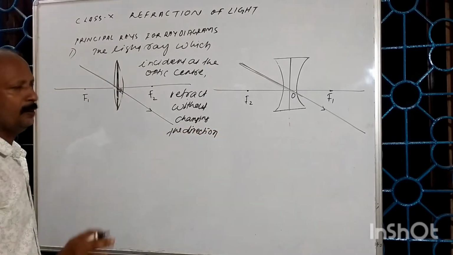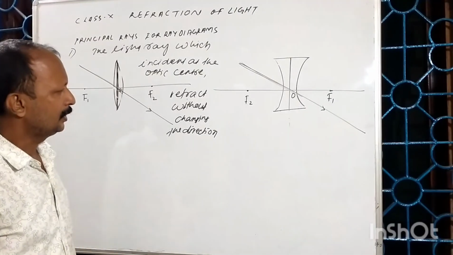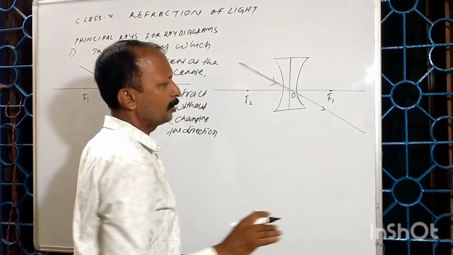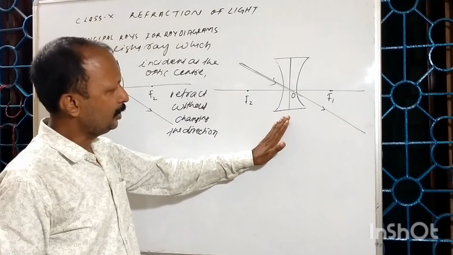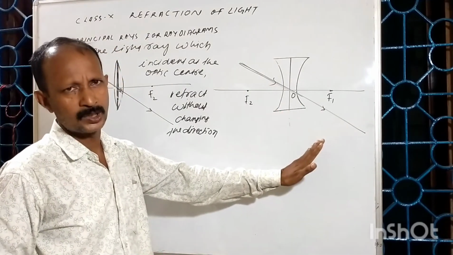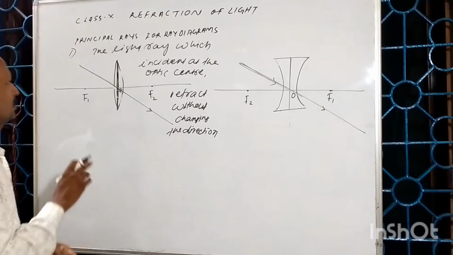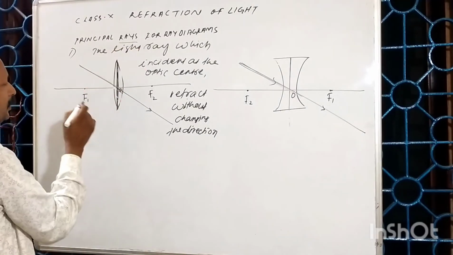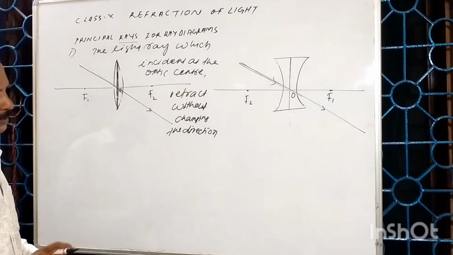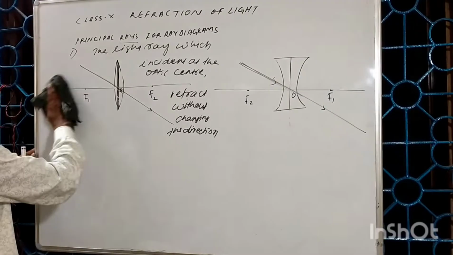This is the case of a biconvex lens. The same thing happens also in case of the biconcave lens. First ray I have taken through the optic center. Next point.